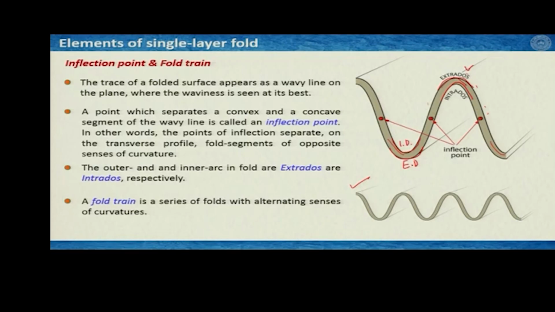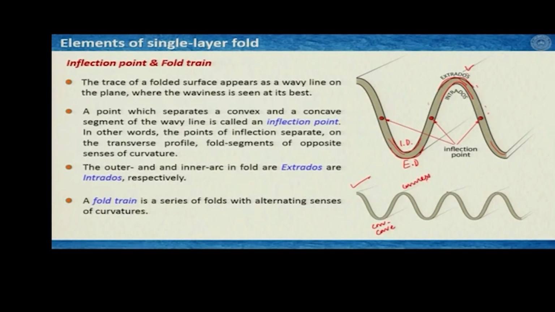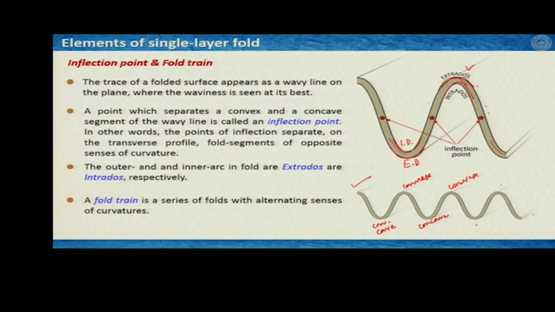So, a fold train is a series of folds with alternating senses of curvature. Here it is concave, here it is convex, here it is again concave, here it is convex, and so on. So, when this alternation happens, we call it a fold train in a single layer fold.